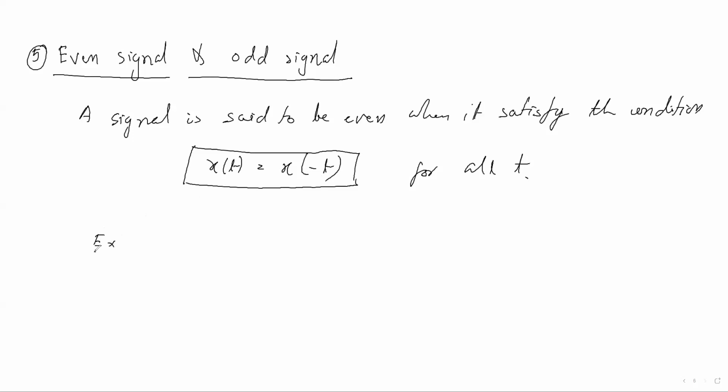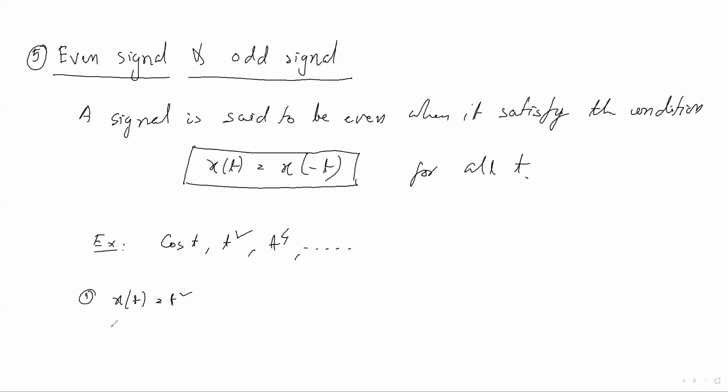Let me give one example. Even signals are cos omega t, like cos t, or t square, or t to the power 4. These are even signals. How are they even? Let me start from t square. Suppose x of t equal to t square.